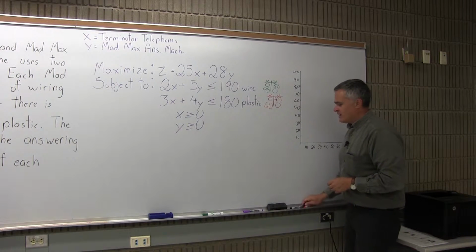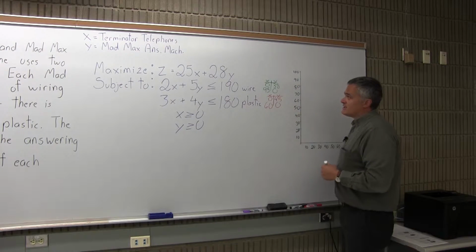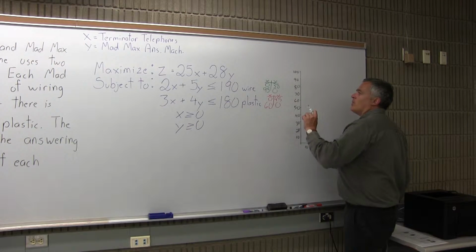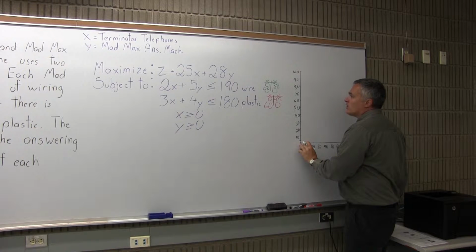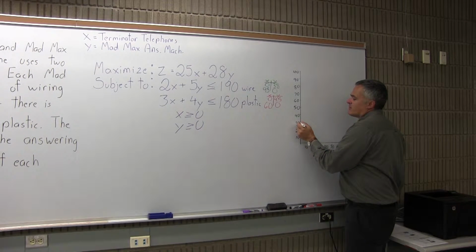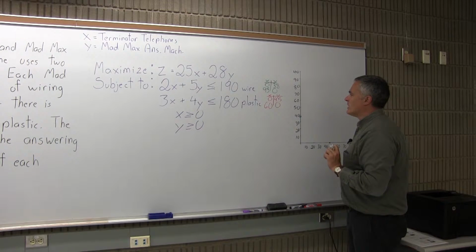So now, the wiring constraint that I started to do in green, let me put that on my graph. One point was 0 for x, 38 for y. On my graph, if I go over 0 up 38, I don't have that exactly. My graph goes 30, then 40. So by eye, I'll estimate that 38 is over 0 and a little under the 40.